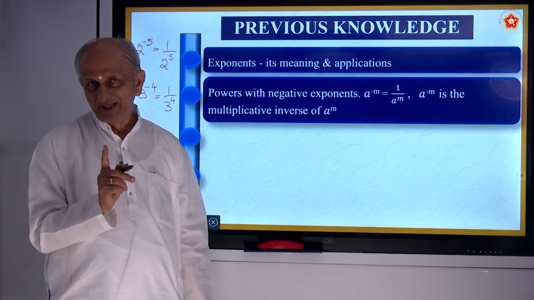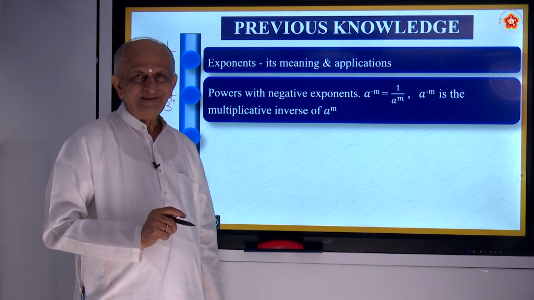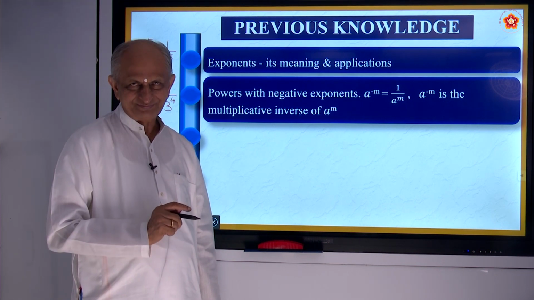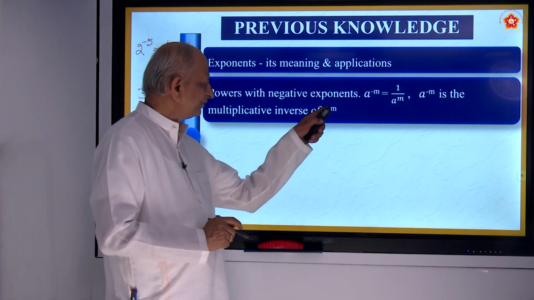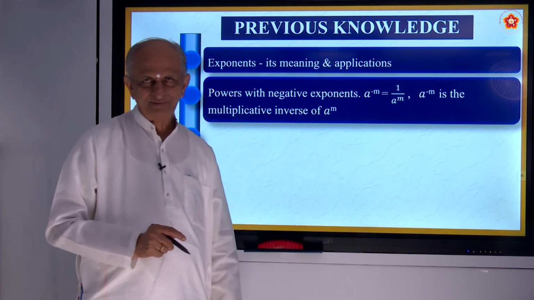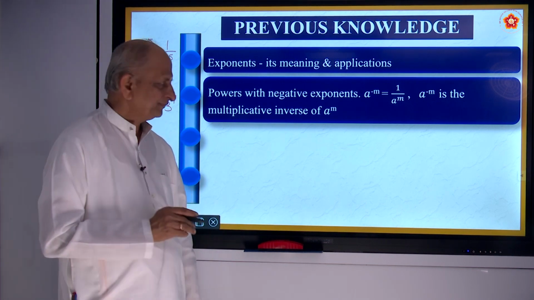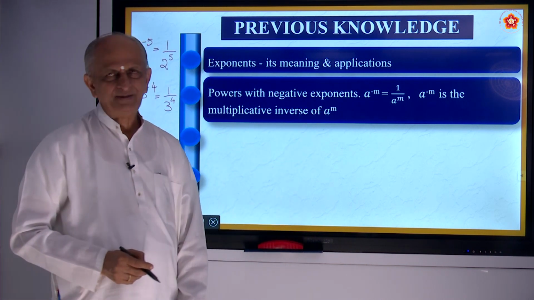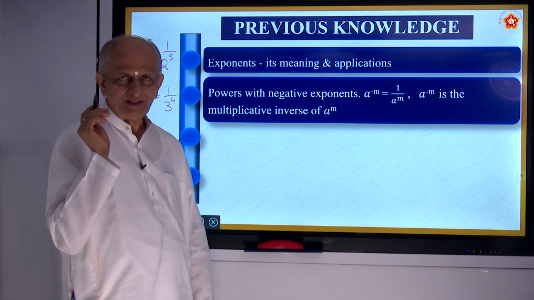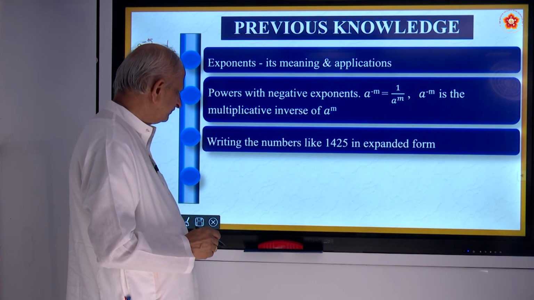But most important, a should be a non-zero integer. m may be 0 also, or any integer. But a must compulsorily be a non-zero integer. So that is also what we have seen in the previous class.